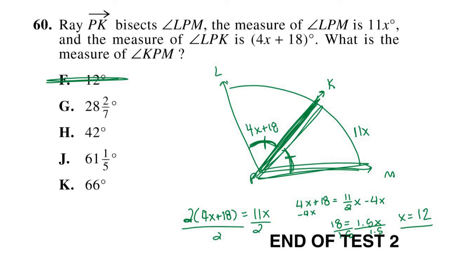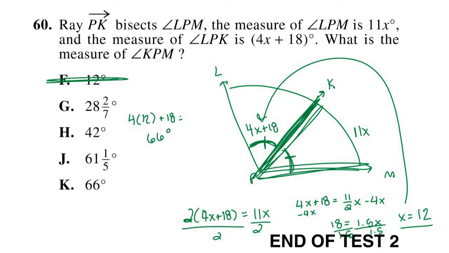So let's plug in our x right there. So 4 times 12 plus 18, that will give us 66. So that is our angle measurement, which matches answer choice K. So the answer to number 60 is 66 degrees, or answer choice K.